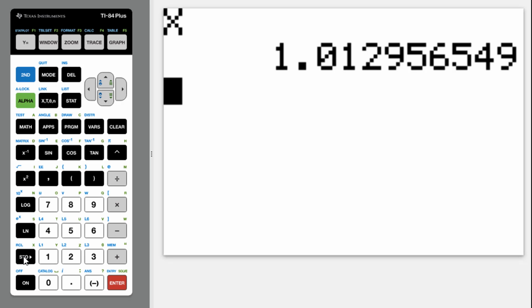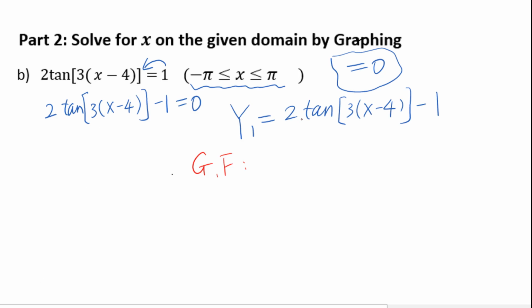Then we store this to letter A. Alpha math, that's letter A. We get the solution that is 1.0129 and so on. The general form will be 1.0129 plus period times k.